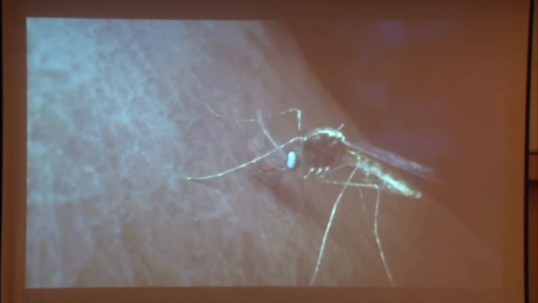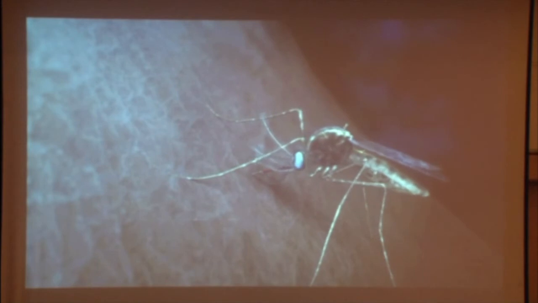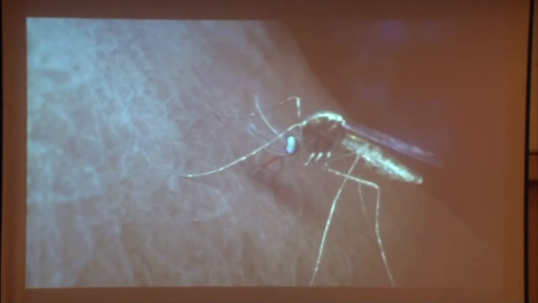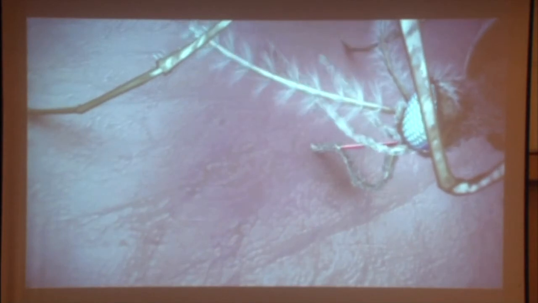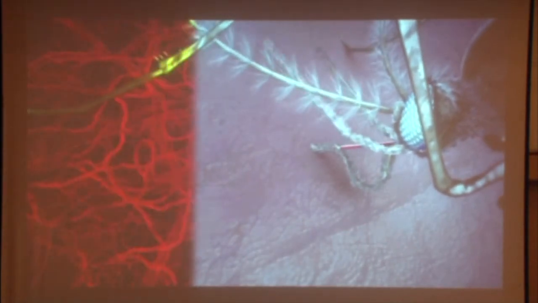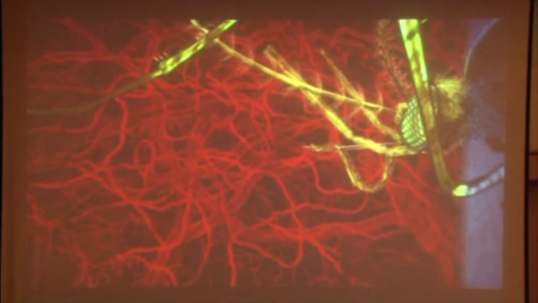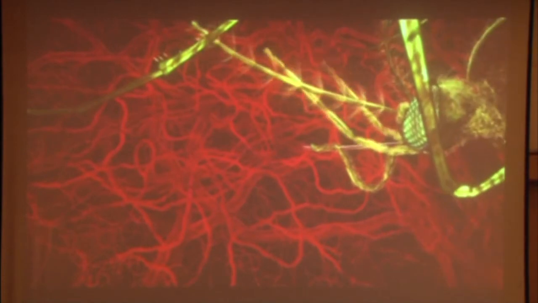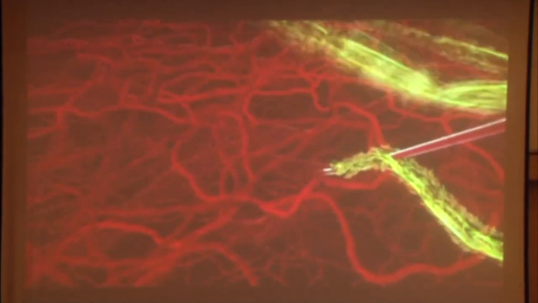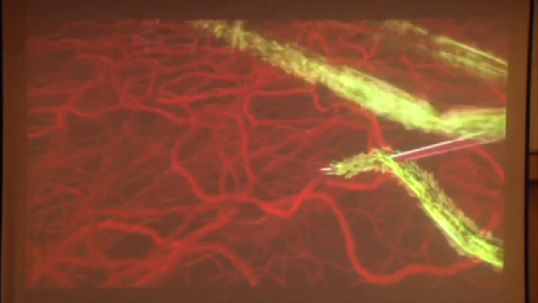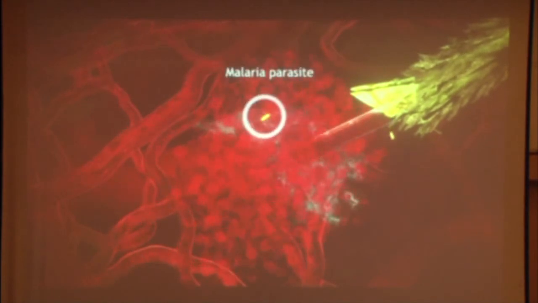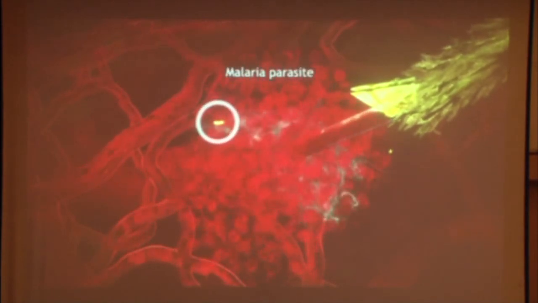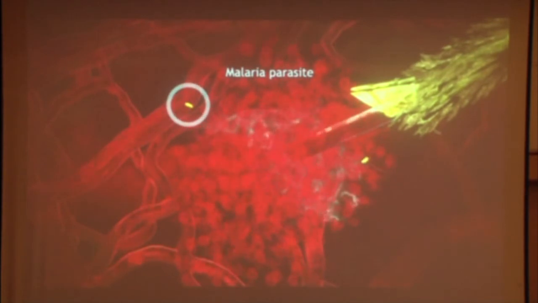This mosquito is infected with the malaria parasite. Because she is pregnant, she has become hungry for human blood. During the bite, she injects saliva to stop the blood from clotting. Her infected saliva also carries the malaria parasite.